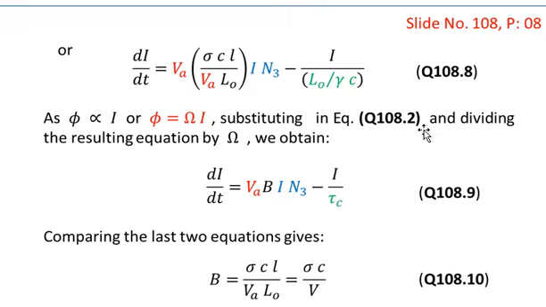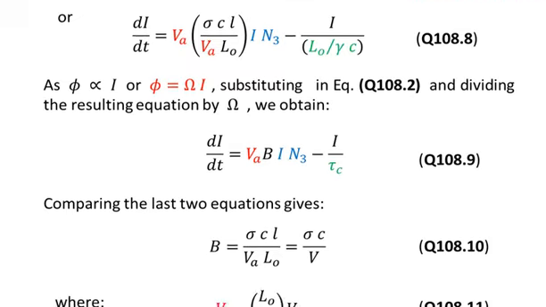Now substituting in equation number 2 and dividing the resultant equation by gamma, we obtain equation number 9, which is dI over dt equal to VA B I N3 minus I over tau c. So now we have two expressions of dI over dt: one shown in equation number 8, the other in equation number 9.